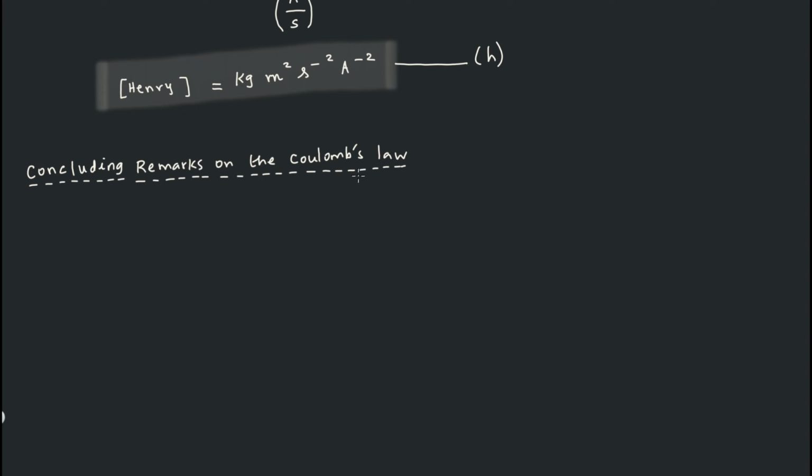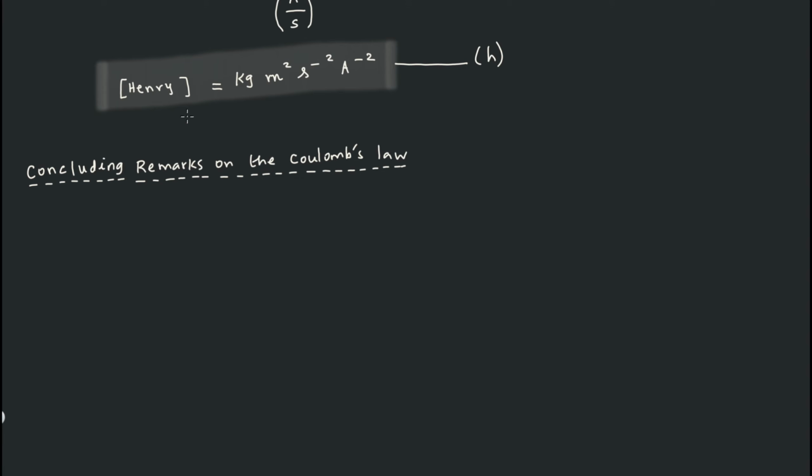We made a statement in the previous lectures that the constant k can have dimensions or it may not have dimensions based on the system of units that we are going to choose. So regarding that, we will make one conclusion.